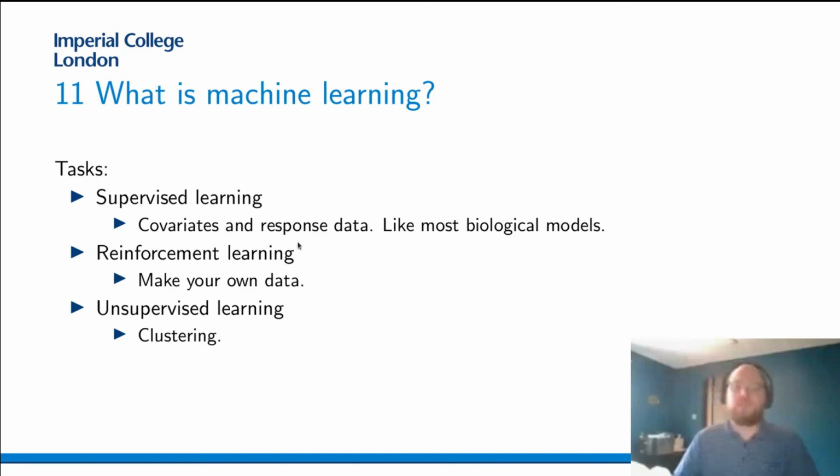Reinforcement learning is what you hear about a lot. Some of the sexy stuff in the media turns out to be reinforcement learning. If it's robotics, or teaching a computer to play computer games or to play chess, this will typically be reinforcement learning. The salient factor of reinforcement learning is that the computer or the robot generates its own data.